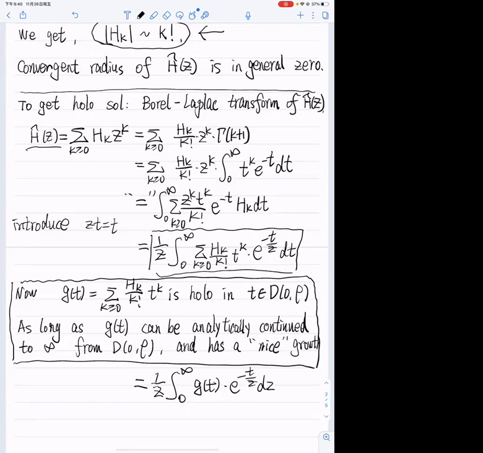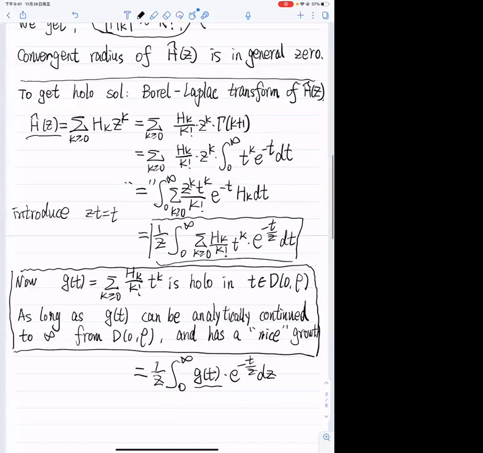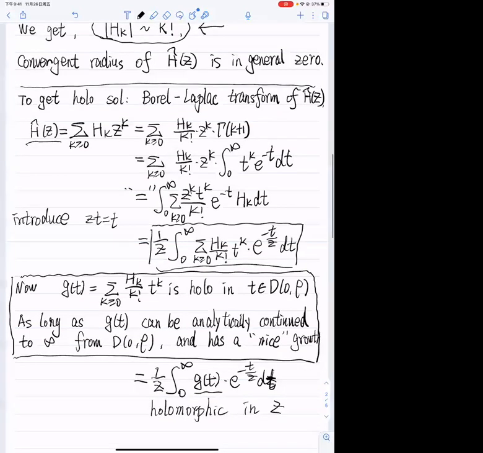Therefore, as long as we can take the analytic continuation of gt from the neighborhood of 0 to infinity along some direction, and if gt has a nice growth, less than exponential, then this is a holomorphic function in some domain of z. That's dt in the integral, by the way. This is holomorphic in z in some domain. I'm going to clarify later.